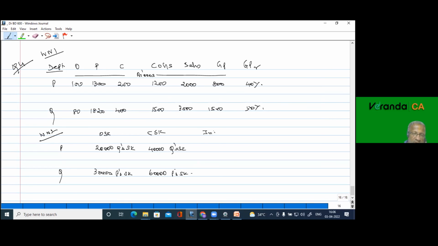That means incremental stock is 20,000 and 30,000.